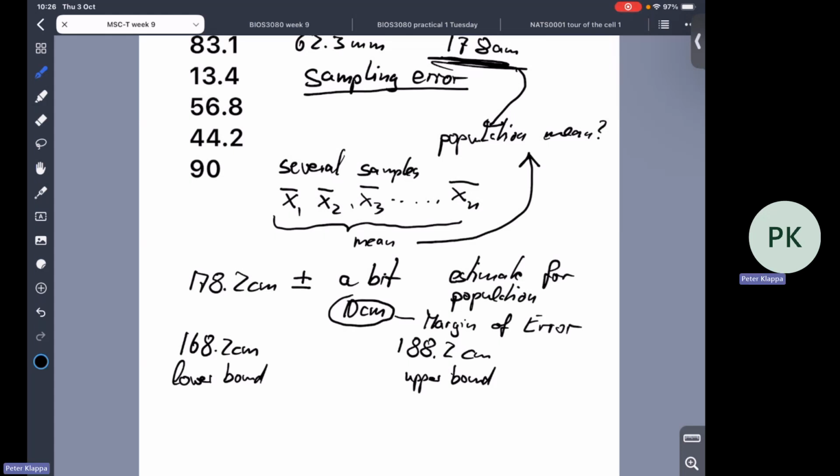And I can say, right, I use just one sample maybe, or 2 or 3 or 4 samples, but not 100,000, and determine somehow what is this margin of error.